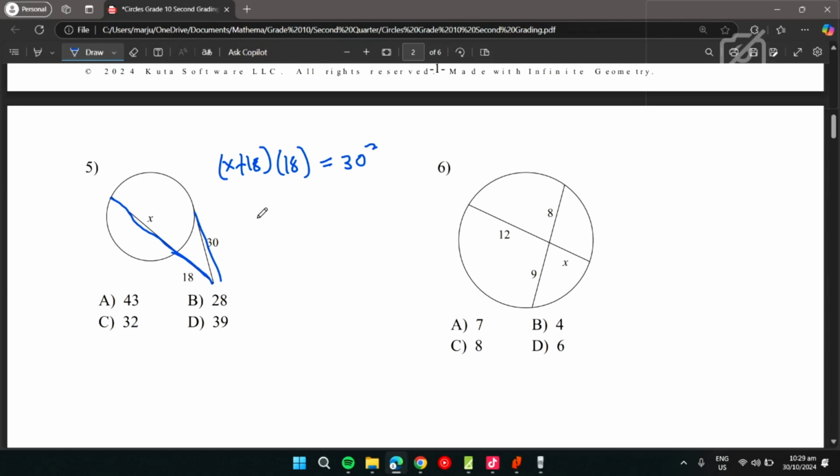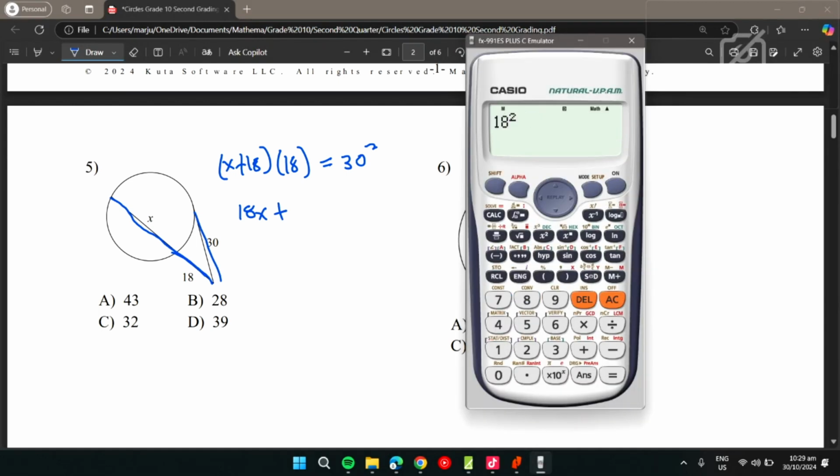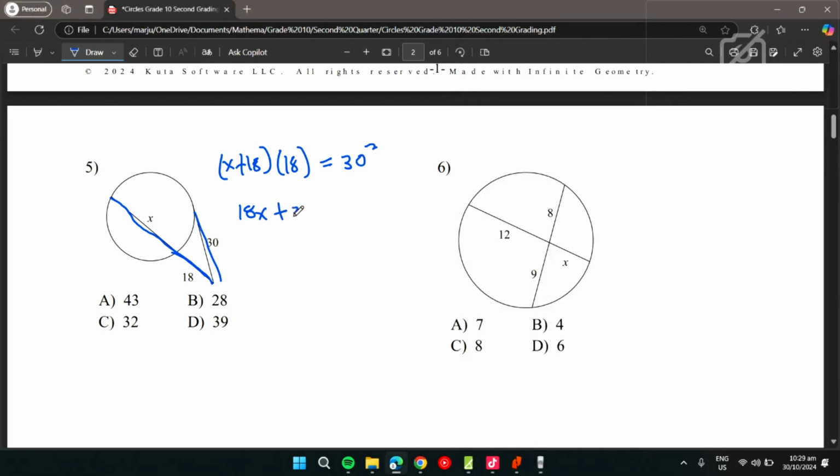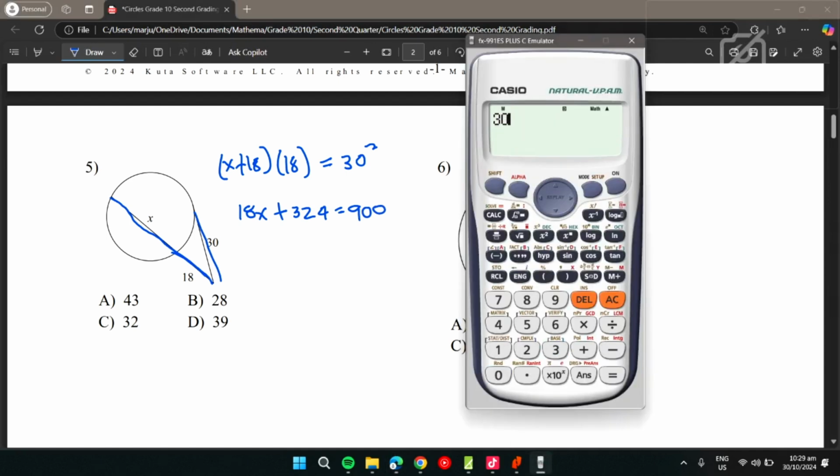So, let's try to do the algebra. Distribute natin. 18 times x will become 18x plus, what is 18 squared? 18 squared, that is just 324. And 30 squared, that's 900, right? Now, we are going to solve for x.